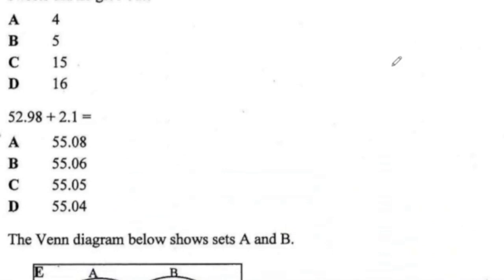Mapenzi bought 20 sweets. He gave out X sweets and remained with 5 sweets. How many sweets did he give out? So here what you can do is either make an equation.